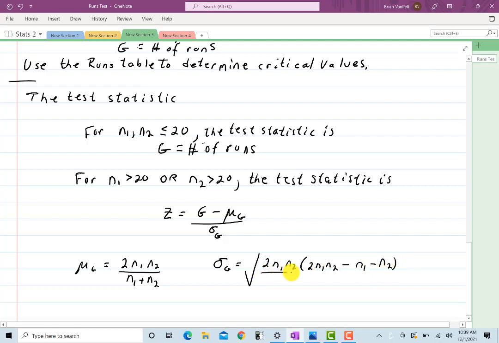All of that inside of the square root is divided by n1 plus n2 squared times n1 plus n2 minus 1. There's really no difficulty in this computation. It's just lengthy looking.